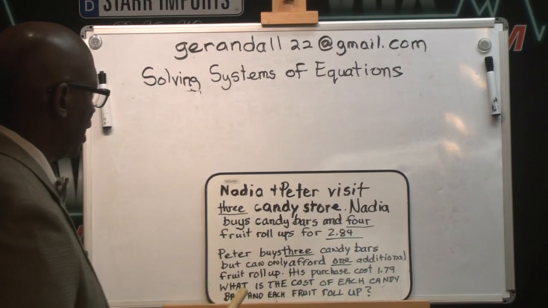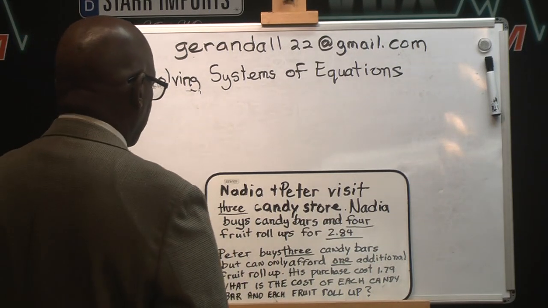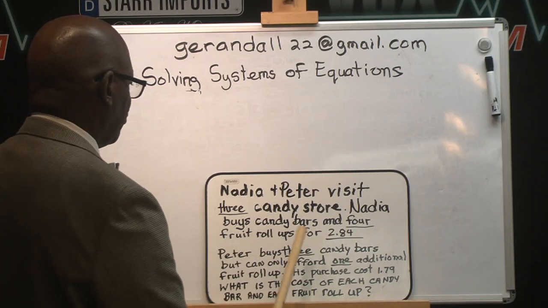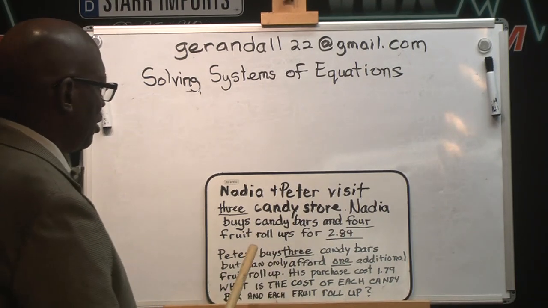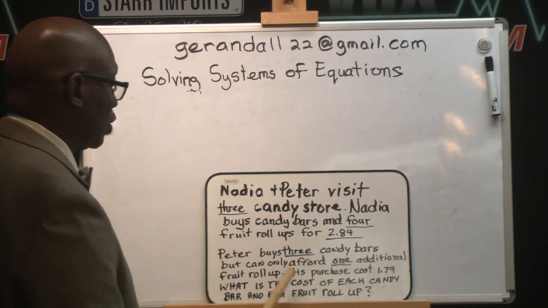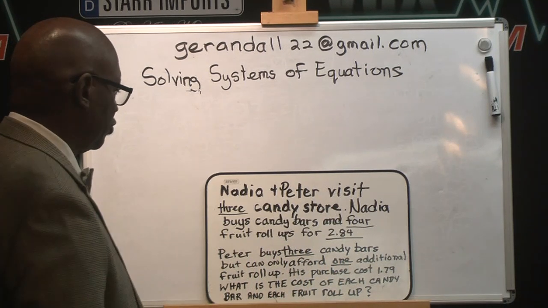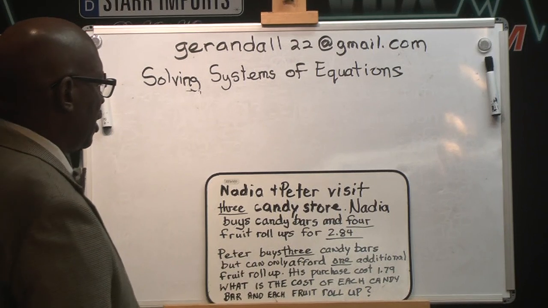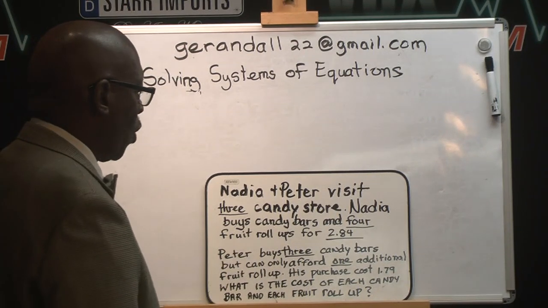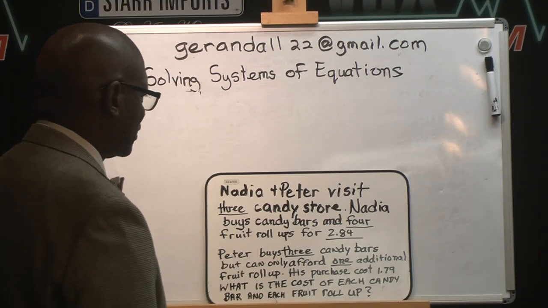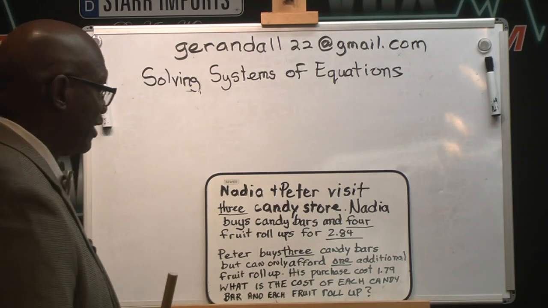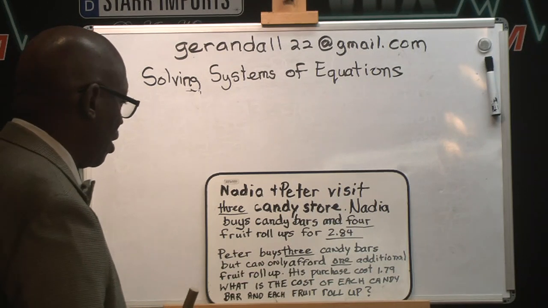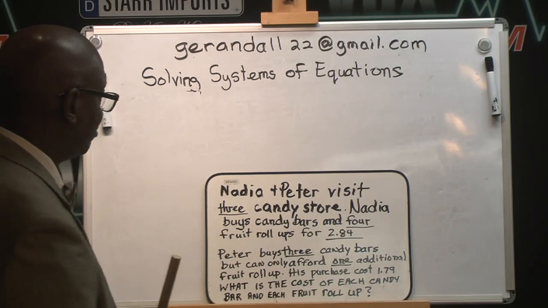Nadia buys 3 candy bars and 4 fruit roll-ups. Peter buys 3 candy bars, but can only afford 1 additional fruit roll-up. His purchase cost is $1.79. So first, what is the cost of each candy bar and each roll-up?